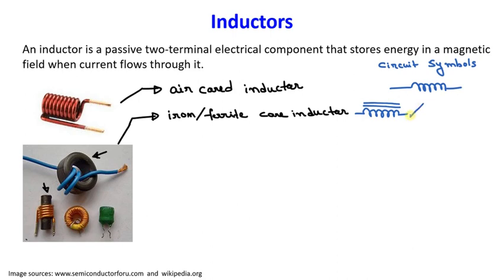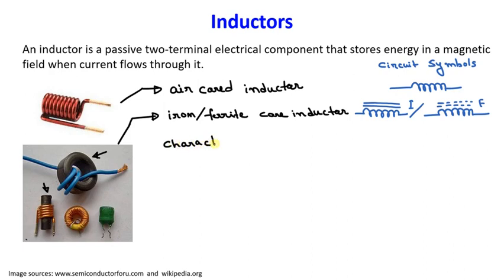Whereas for a ferrite core, we use this type of symbol. So I am writing I here to denote that this is an iron core, and writing F here to indicate the ferrite core.